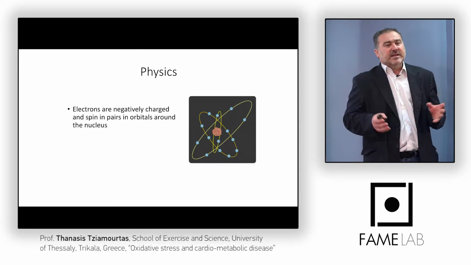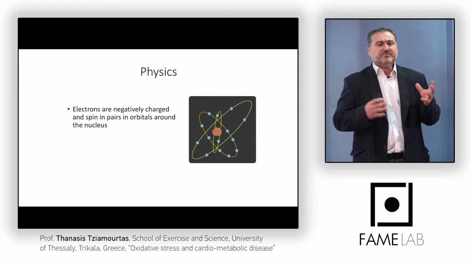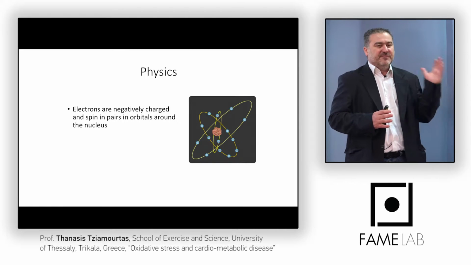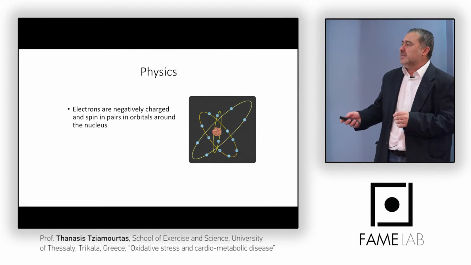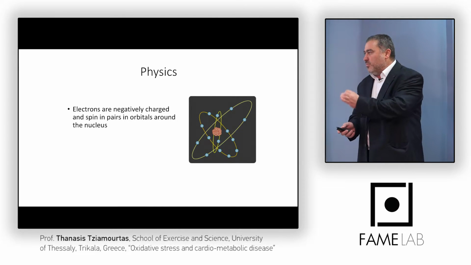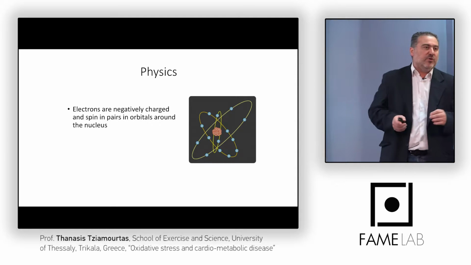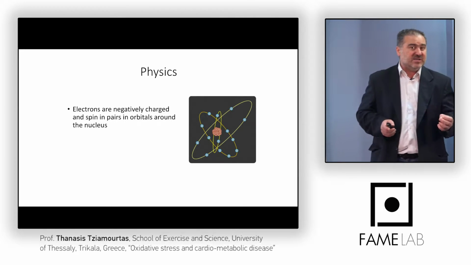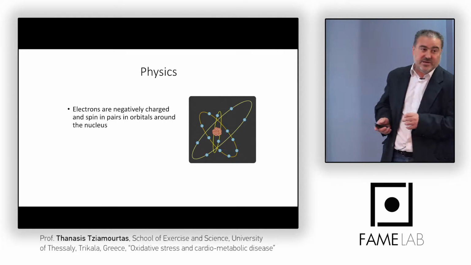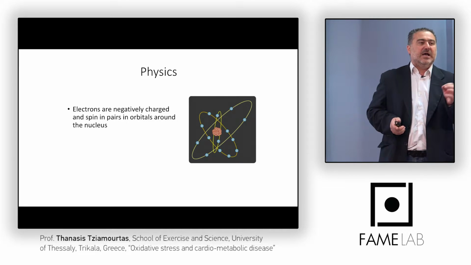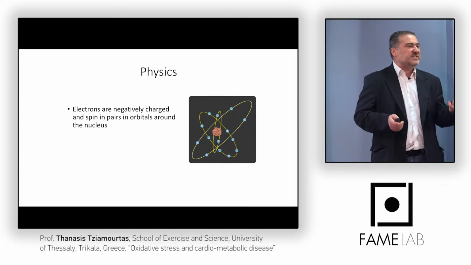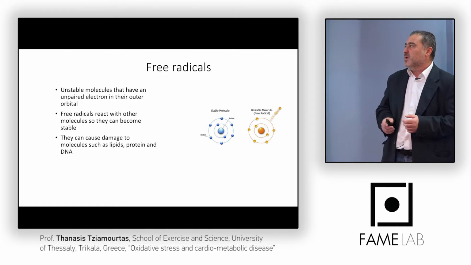Let's see what free radicals are. We need to give a definition of a free radical, and we're going to start by looking back at physics. From physics we know that electrons are negatively charged and spin in pairs in orbitals around the nucleus. The nucleus is positively charged, and the electrons running in pairs around it is what gives stability to the molecule.